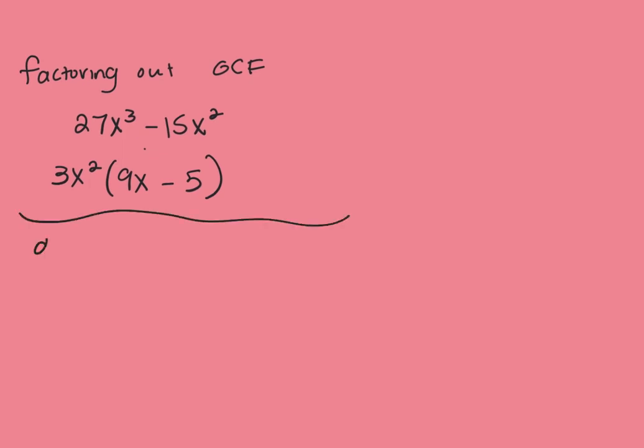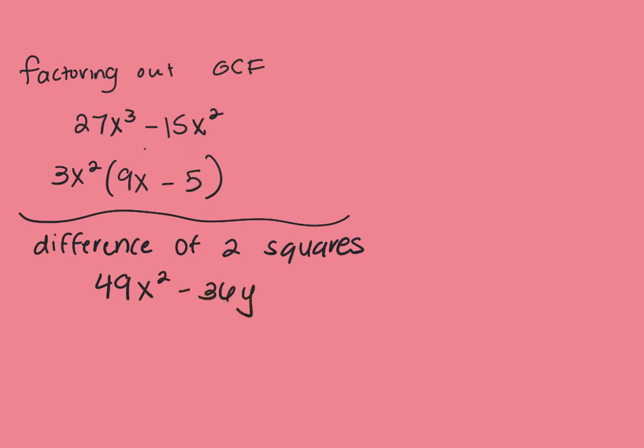Then we did difference of 2 squares. And these both had to be perfect squares, and they had to have a minus between them. So something you could have seen like 49x squared minus 36y to the 4th. Those are both perfect squares. 49 is a perfect square, 36 is a perfect square, and even exponents on the variables make them perfect squares.